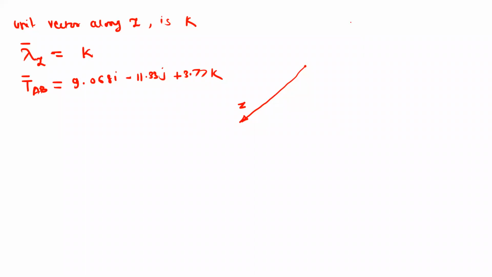So this is the Z axis, and this is the tension AB. This is point A and this is point B.